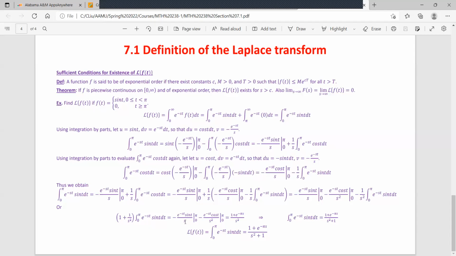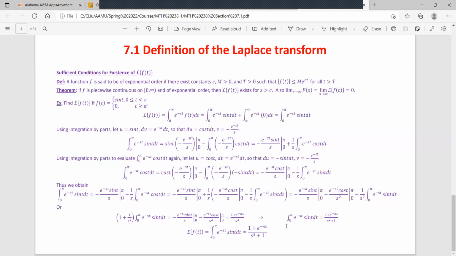We have the same denominator s squared. If you divide the right hand side by 1 plus 1 over s squared, you can take care of this s squared in both parts, and you get 1 plus e to the negative pi s over s squared plus 1.